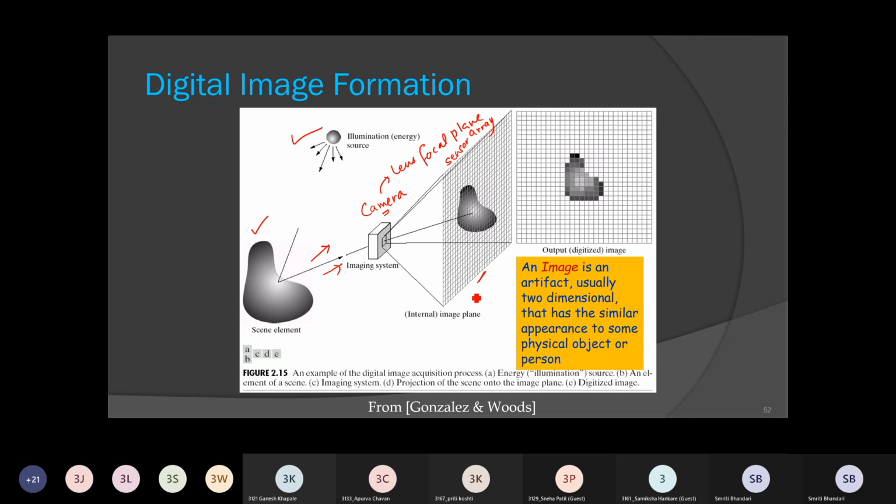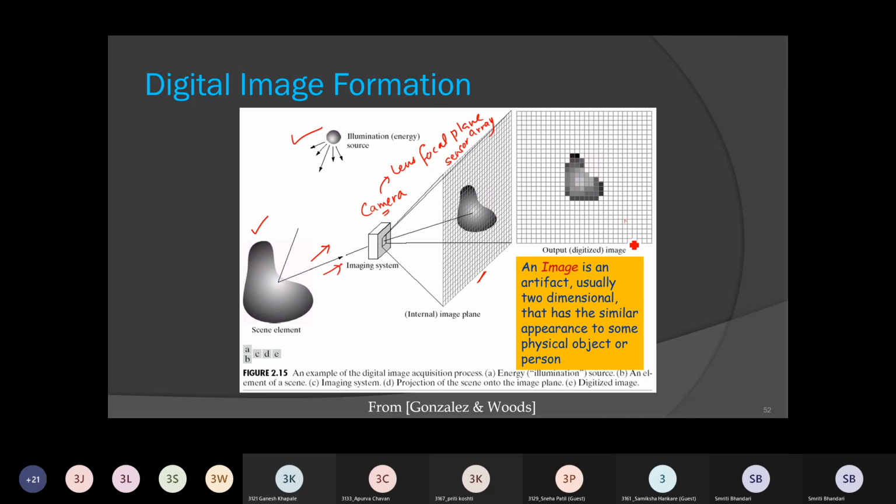Then this focal plane produces the output which is proportional to the integral of the light received at each sensor. Further, we have digital and analog circuits that sweep this output and convert it into a video signal, and that video signal is then digitized by some other section of our imaging system.